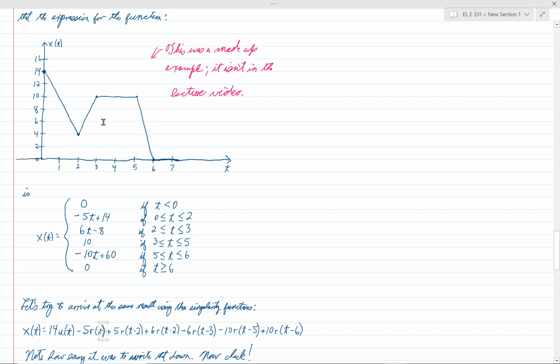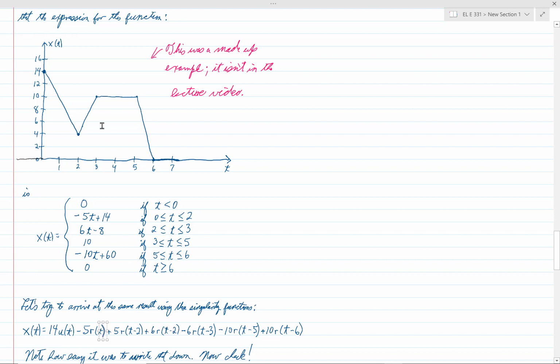So we have to add in this 5r of t minus 2 to flatten out this downward ramp, and then we have to add in another 6r of t minus 2 to give us this upward ramp there. So that's where we get this next term, 6r of t minus 2.